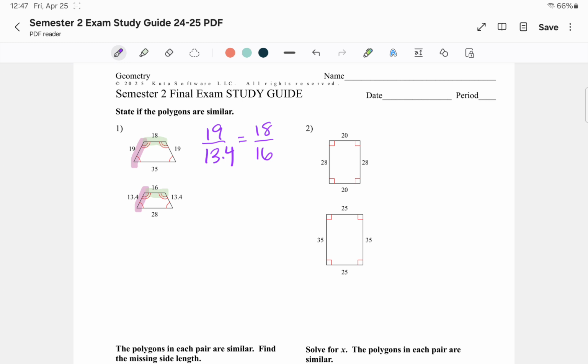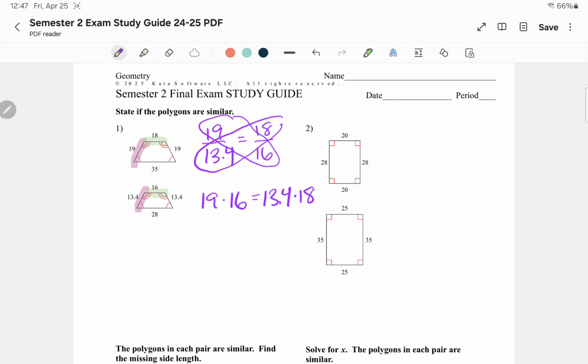I'm going to do butterfly just to see. There are several different ways, but we can do butterfly, which means we multiply 19 times 16, and we multiply 13.4 times 18. If it's proportional, these cross products, these two butterfly wings, are going to be equal.